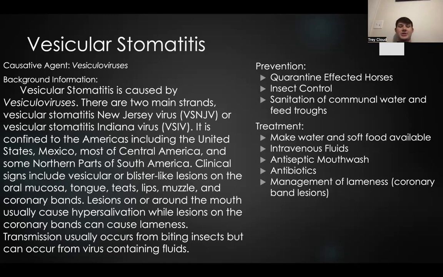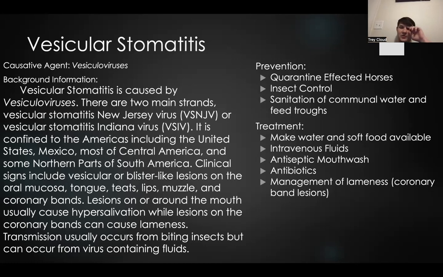And then transmission usually occurs from biting insects that are going from horse to horse, but it can also occur from virus containing liquid or fluids. So any fluids from the lesion or saliva, things like that.